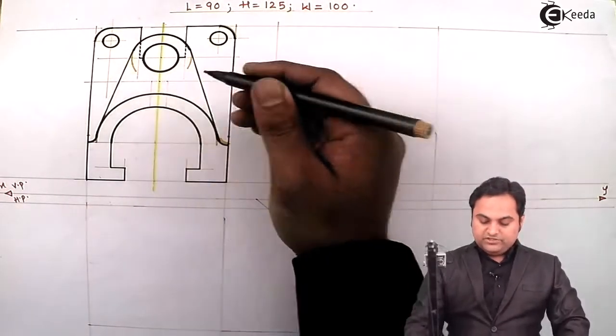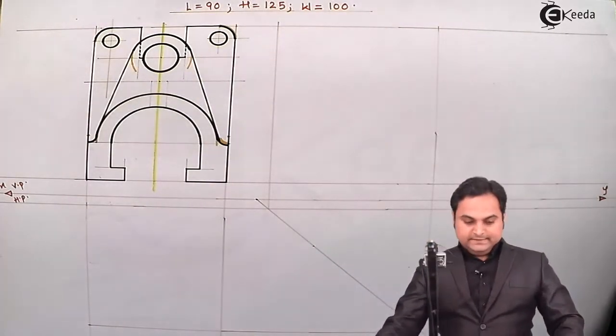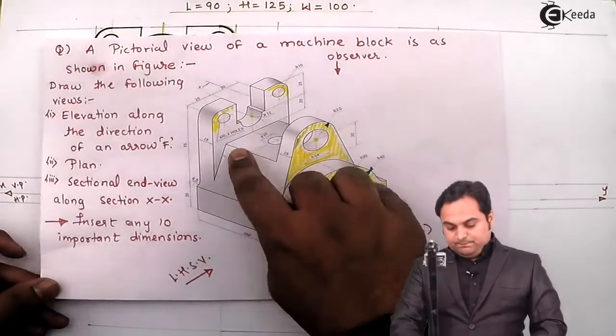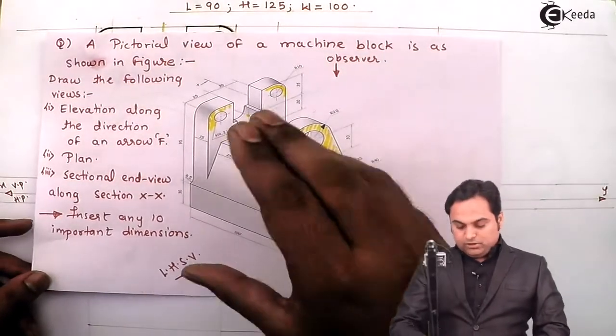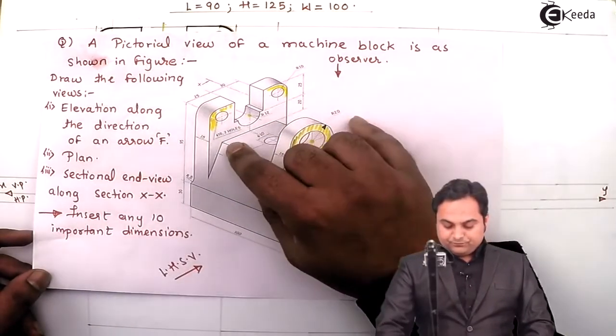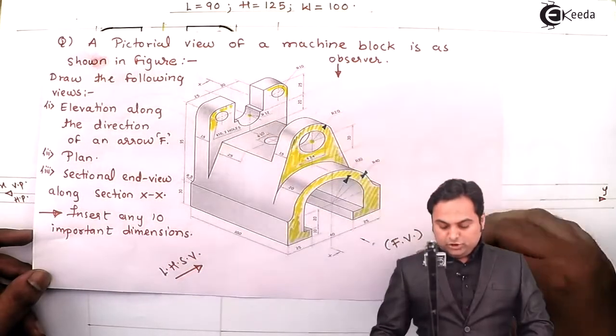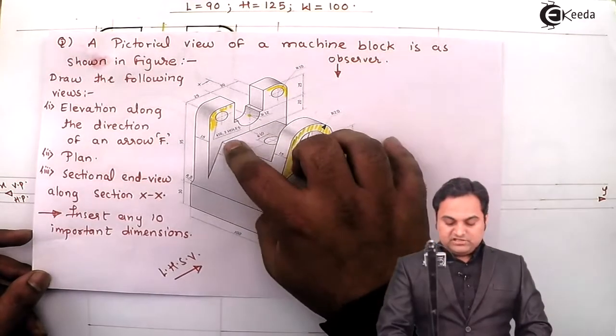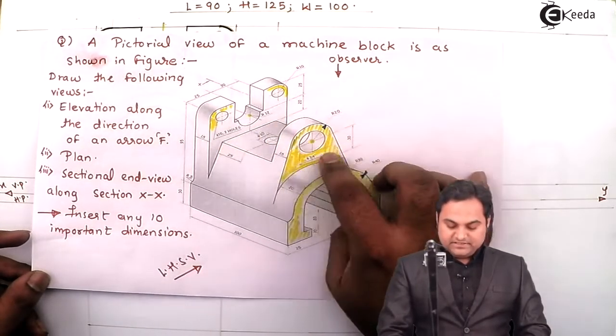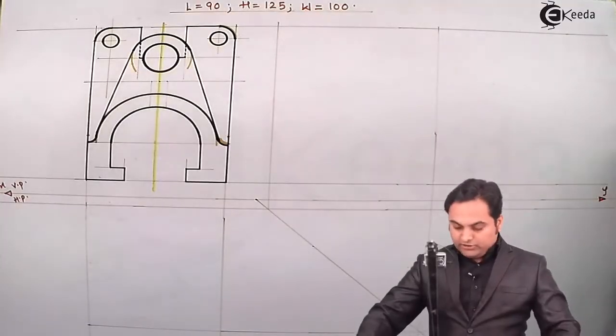So this will be the hole which has to be hidden, and at the same time, the plate, or we can say this block, is having a line which will not be visible from the front. So this line also has to be hidden, and it will be inside this portion. So I'll draw it hidden.